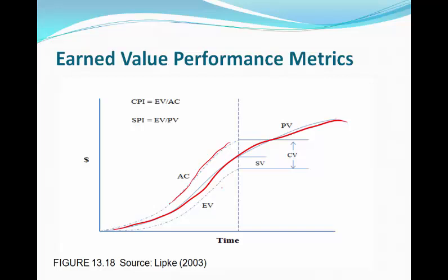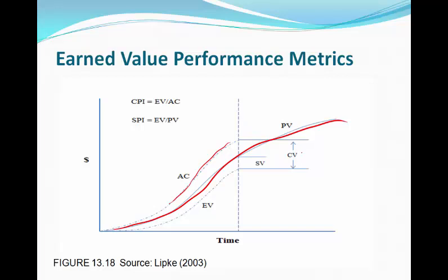So back to the graph here. The difference between our actual cost and our earned value is our cost variance. And the difference between our planned value and earned value gives us our schedule variance.